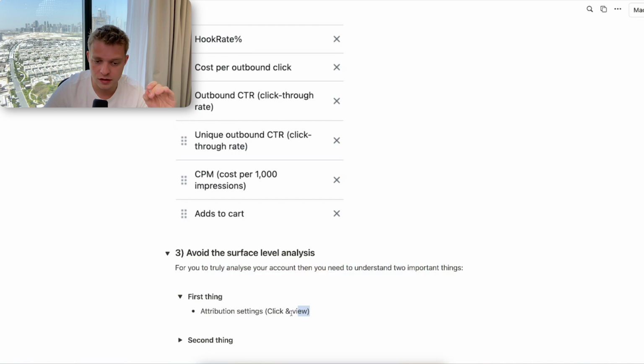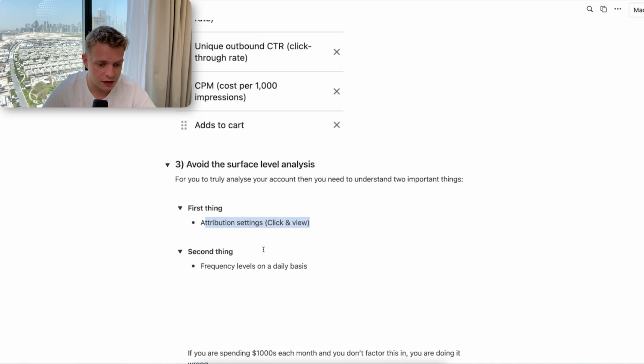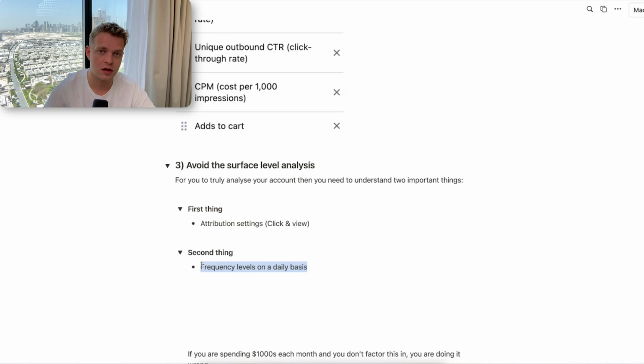The first thing is you want to understand attribution settings and attribution windows. Click and view. These two things are going to be very, very important for you to understand when you're trying to analyze your ads' performance inside Meta. The second thing is frequency levels on a daily basis. These two things are more advanced stuff.